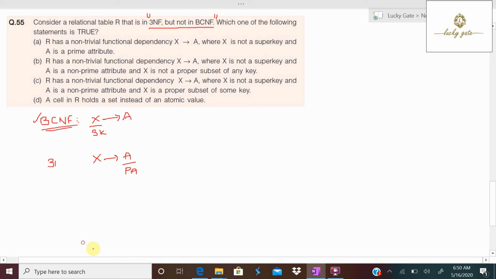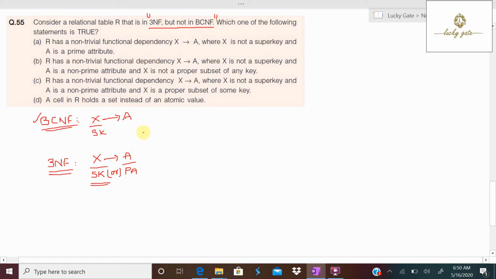Now coming to the definition of 3NF, if we have a non-trivial functional dependency of the form X to A holds, 3NF requires that either the LHS should be a super key or the RHS is a prime attribute. We have an either-or condition. The first condition is LHS is a super key.